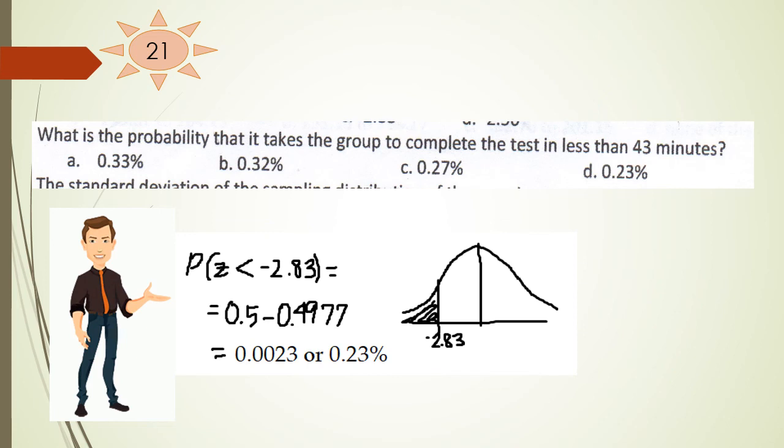So that is 0.5 minus 0.4977, as you have searched it on the table of areas under the normal curve. So the answer is 0.0023 or 0.23%. That is the letter D.